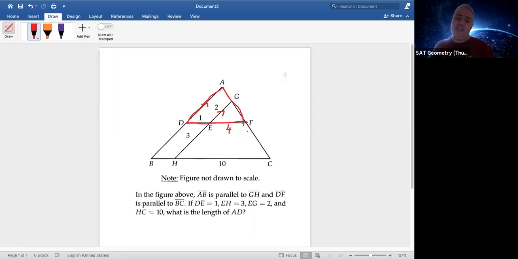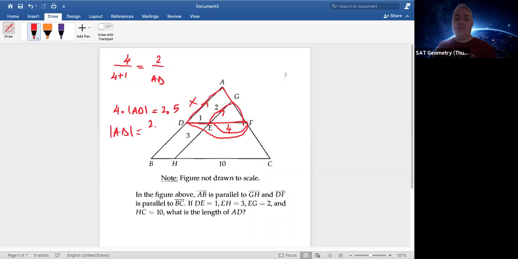I can say this. 4 divided by 4 plus 1 equals 2 divided by AD, which is x. And then cross product. 4 times length of AD, 2 times 5. So length of AD is 2 times 5 divided by 4. 10 over 4, or just simplify, 5 over 2.